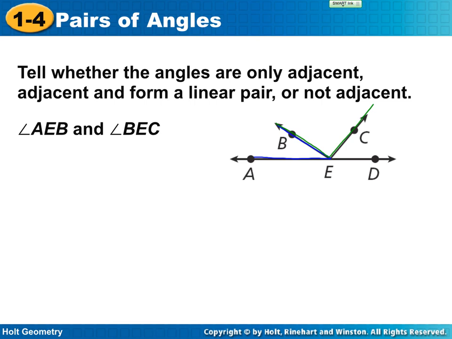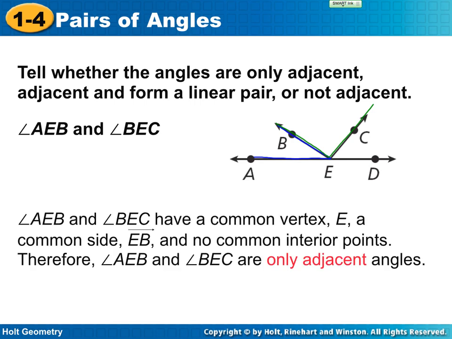Okay, show me. Not a linear pair. These are only adjacent. They are hooked together, but when you go to those non-shared sides, it doesn't make a complete straight line. It wouldn't be 180 degrees total.